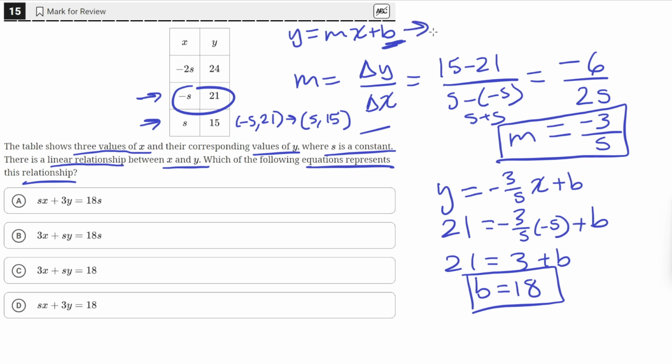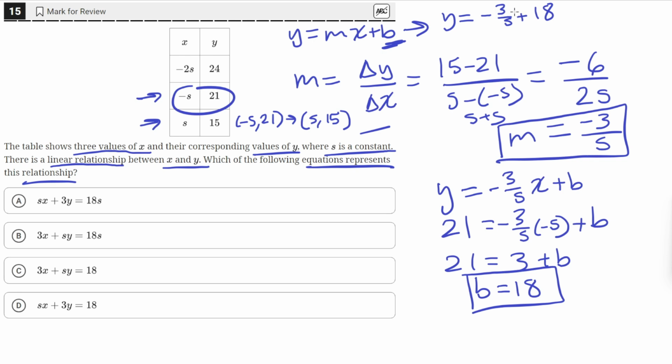So in our y equals mx plus b equation, the equation is going to look like y equals negative 3 over s, x, plus 18. But the answer choices seem to be in standard form, not y equals mx plus b form. So we can fix that.